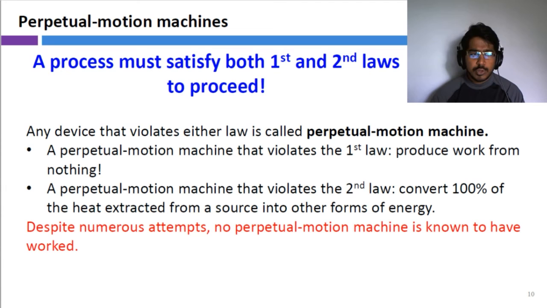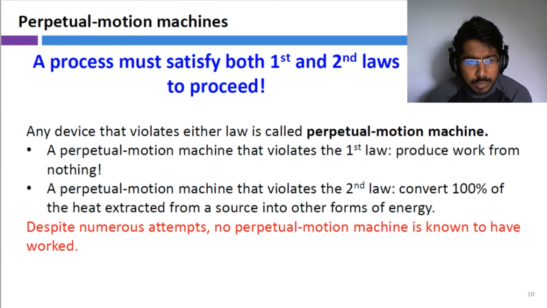So what a perpetual motion machine can look like, you can go through the bullet points. A perpetual motion machine that violates the first law can produce work from nothing, right? It is like a refrigerator that we don't have to plug in. You just keep on doing work, right?